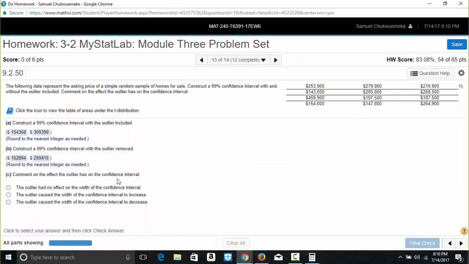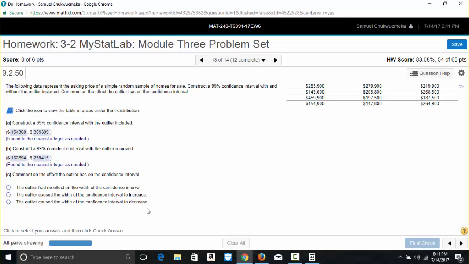So the outlier actually increased the margin of error. It increased the width, and it reduced the accuracy. That's the effect of the outlier: it caused the width of the confidence interval to increase, thereby making the margin of error increase too, because the confidence limits with the outlier are bigger than without it.